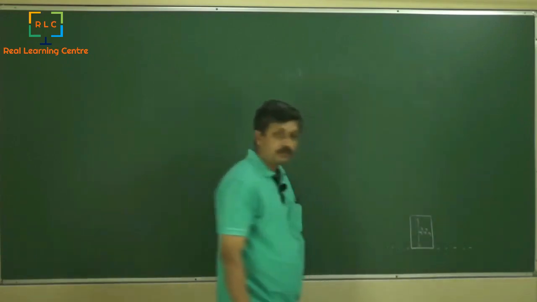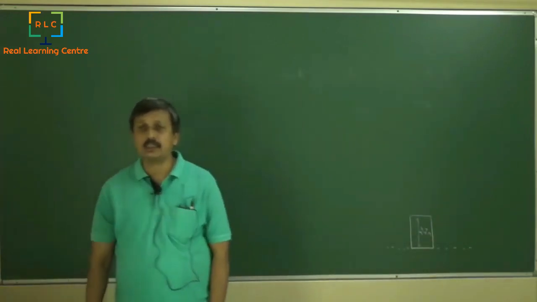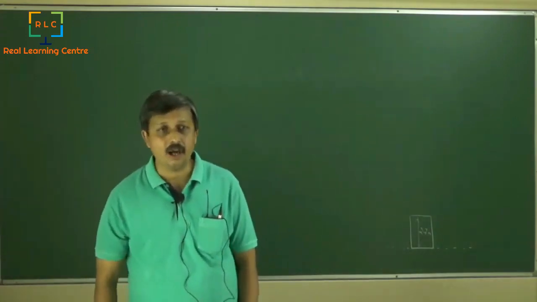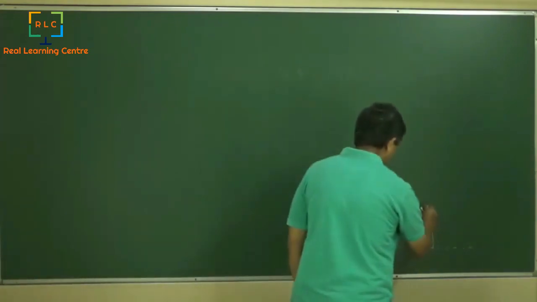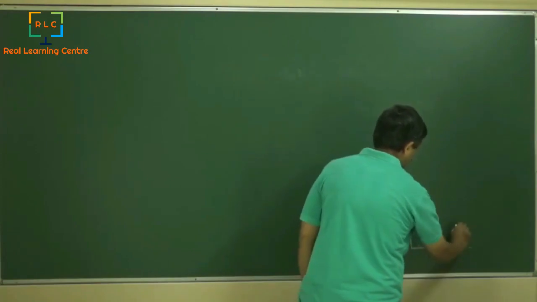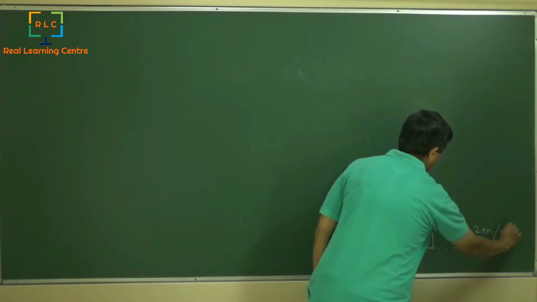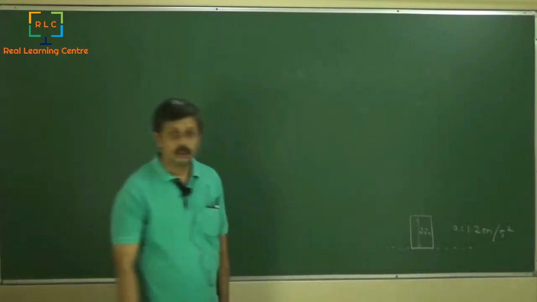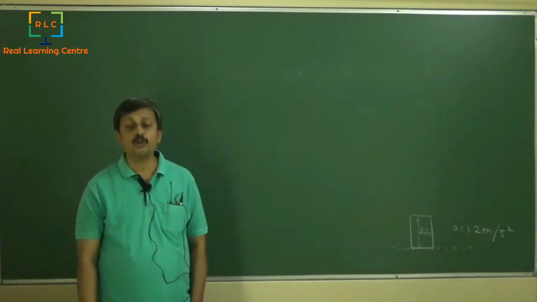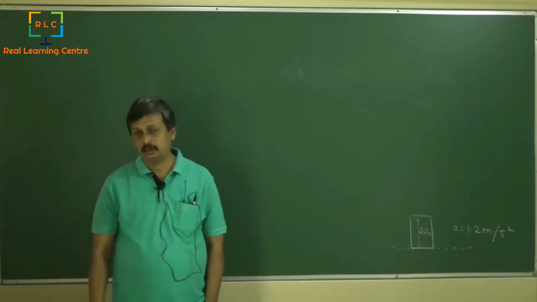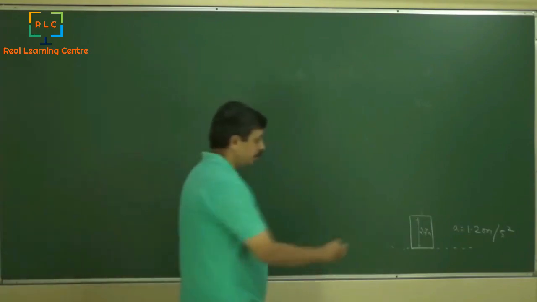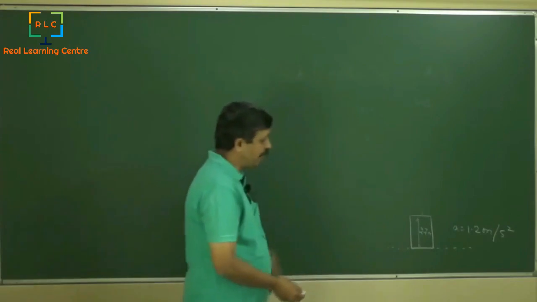And then it actually starts going up with an acceleration of 1.2 meters per second square. So let's say after about 2 seconds, that's what is being told. After 2 seconds, it would have traveled some distance.